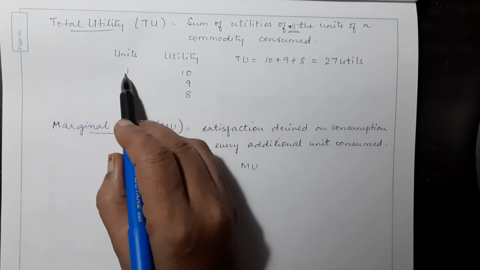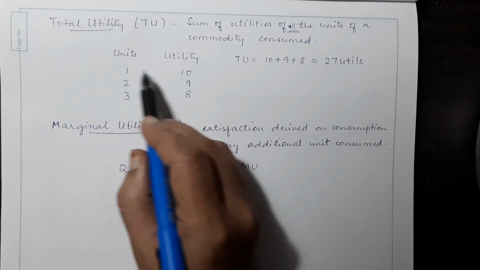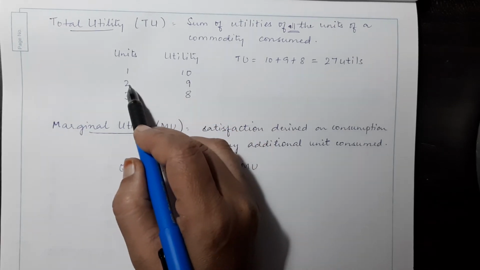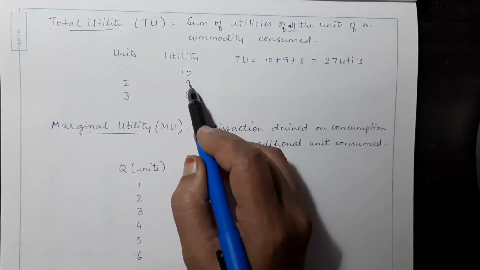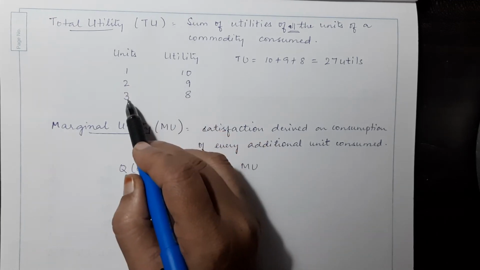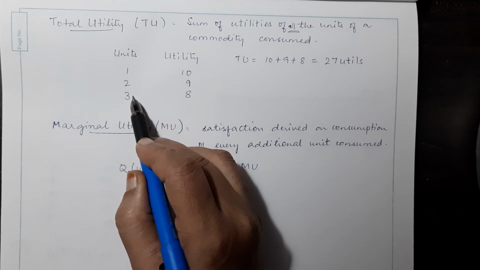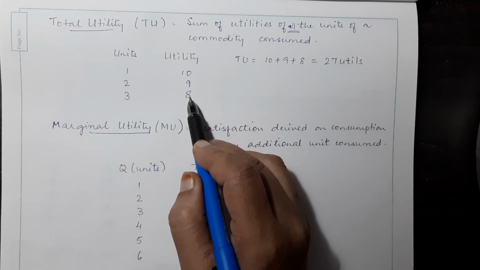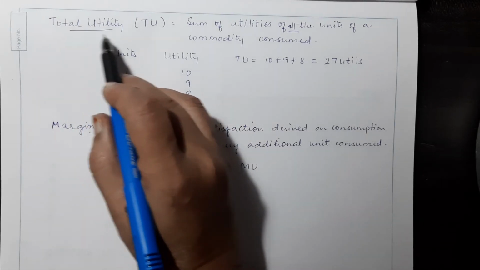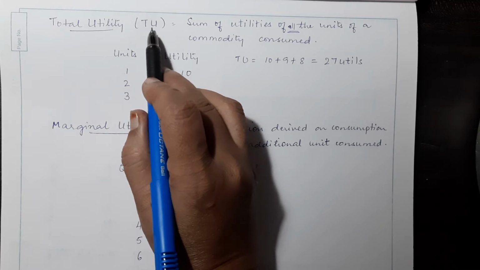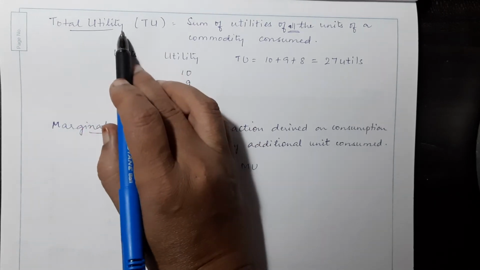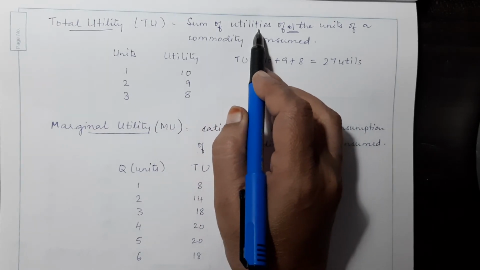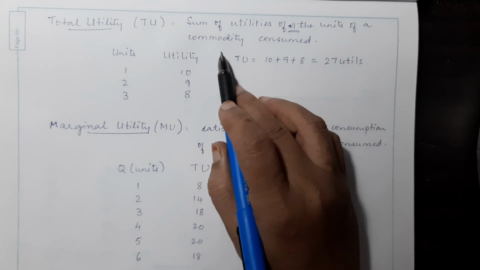Then what is the utility he gains for the units that he consumes? For the first unit that he consumes, he gets 10 utils of utility. When he consumes the second unit, he gets 9 utils. And in the consumption of the third unit, he gets 8 utils. Then the total utility, represented by TU, is given by the sum of the utilities of all the units of the commodity consumed.